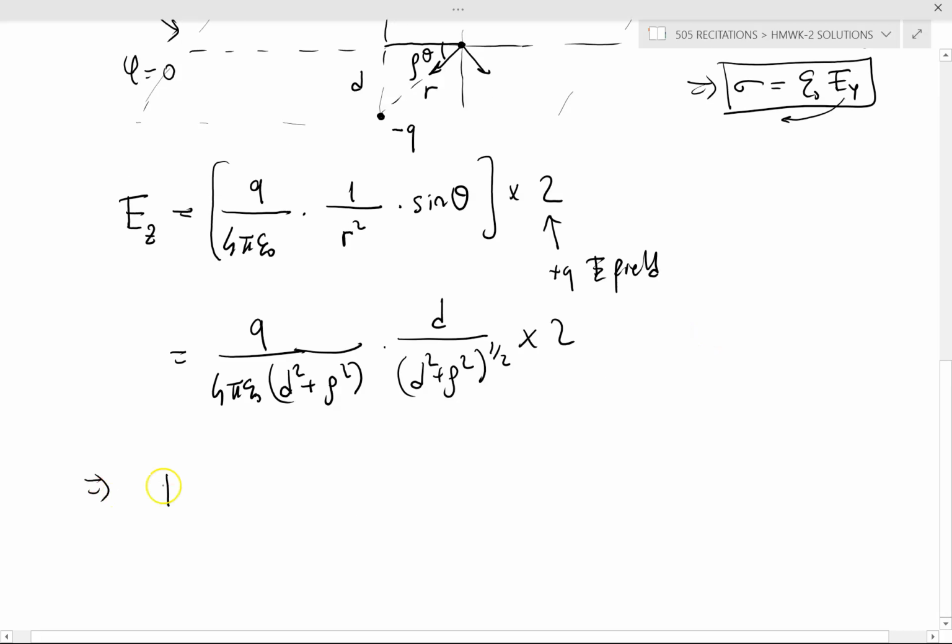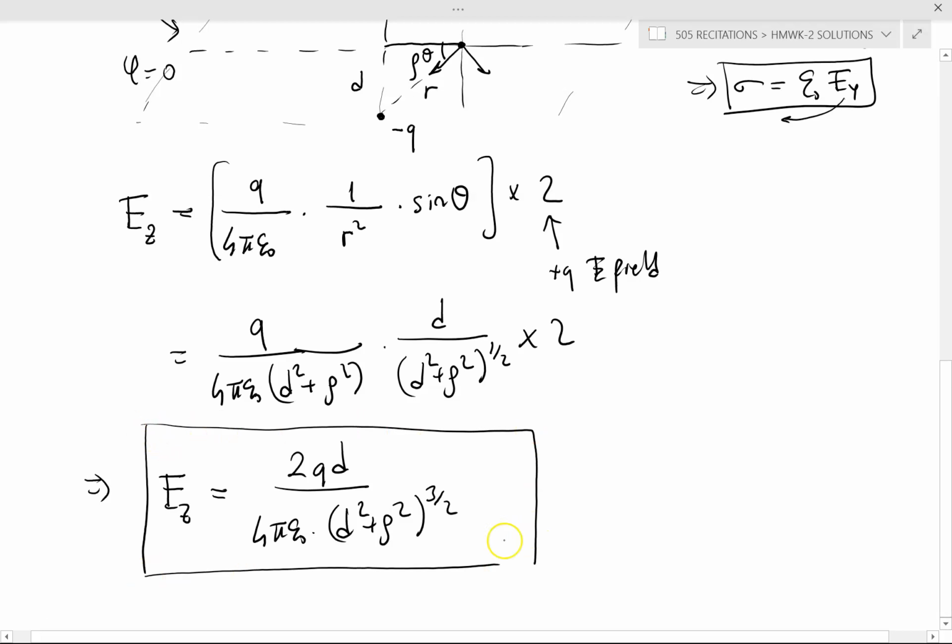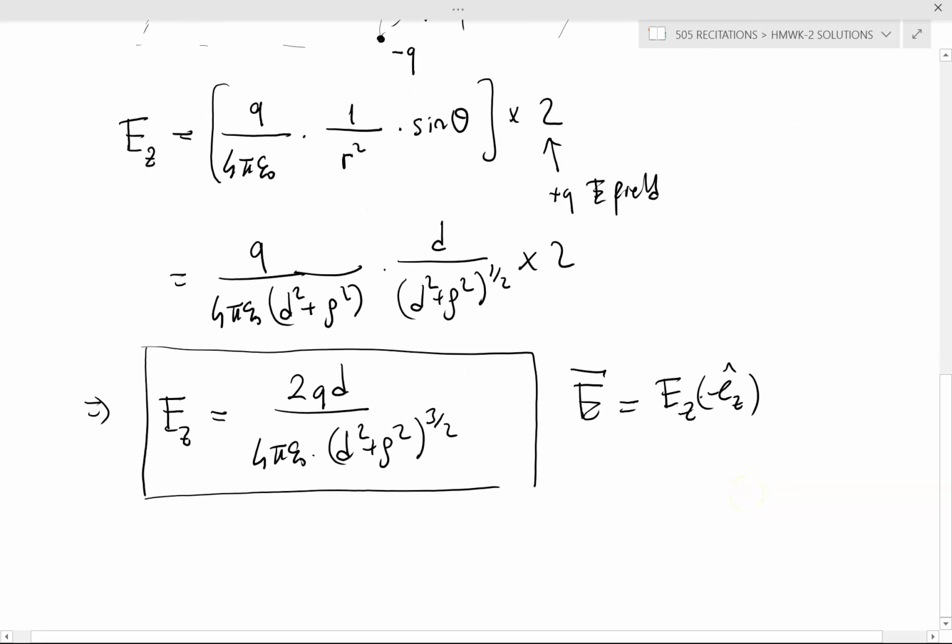So the Ez is equal to 2Qd over 4πε0 (d squared plus rho squared) to the power of 3 over 2. And of course its vectorial form is this one. It is along the minus ez direction.